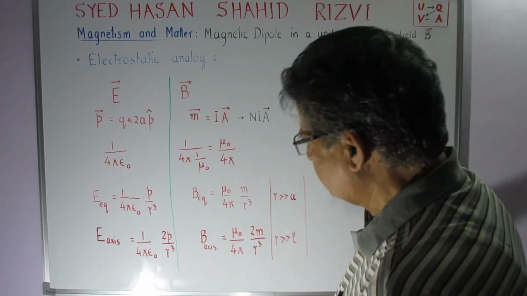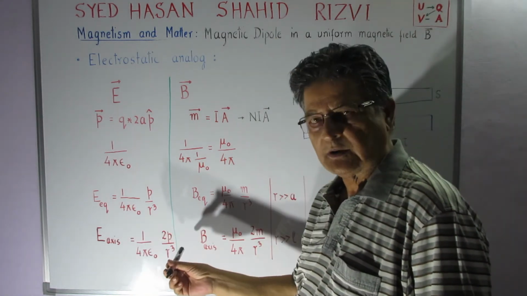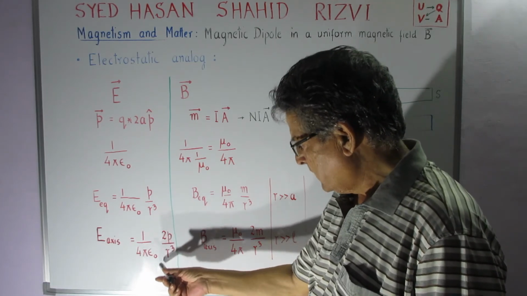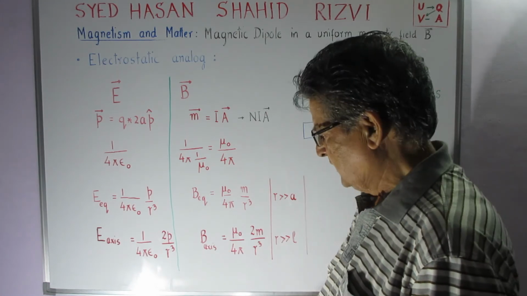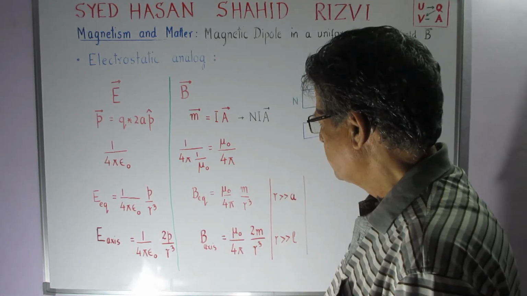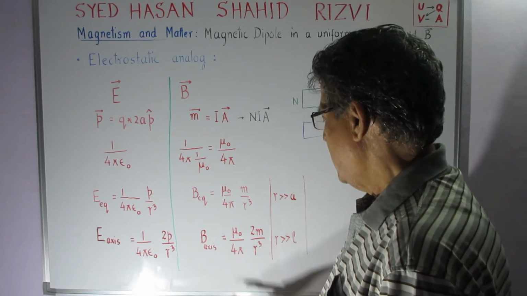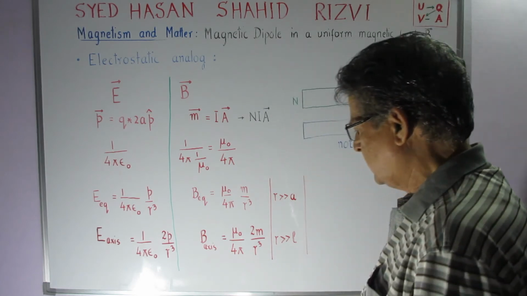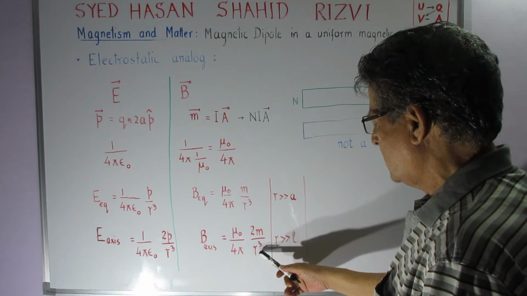On the axis of the dipole, which is the long side on position, we find that this value is 1 upon 4 pi epsilon naught, now 2p upon r cube, with the same conditions that are there. And similarly, on the axis of the bar magnet, I find it as equal to mu naught upon 4 pi into 2m upon r cube.